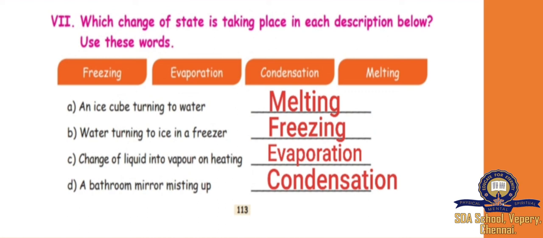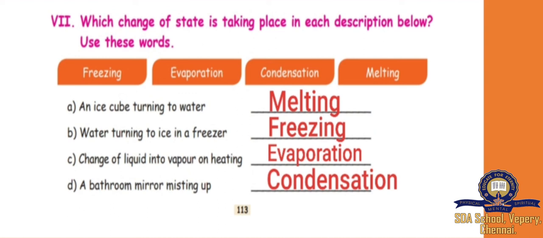When we take a bath with hot water, the mirror in the bathroom will not be clear. That is because of condensation. The heat goes there and it becomes cool. Because of the cool, the vapor gets settled there and the mirror mists up, like unclear. That is called condensation.